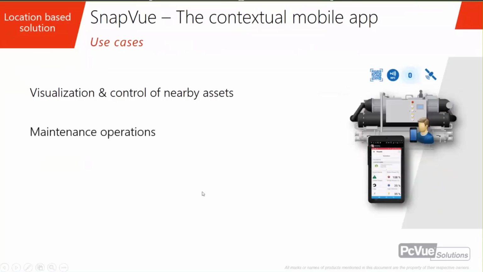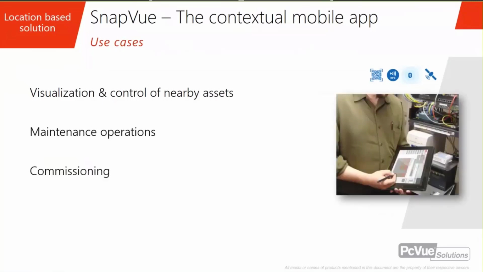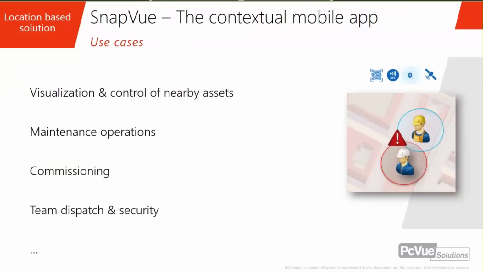You can use it for maintenance operations, obviously, for commissioning, for team dispatch and security, and so on. There are many use cases with this kind of app, and this app really answers the first key point I mentioned at the start of the presentation: intuitive, interactive, and intelligent.